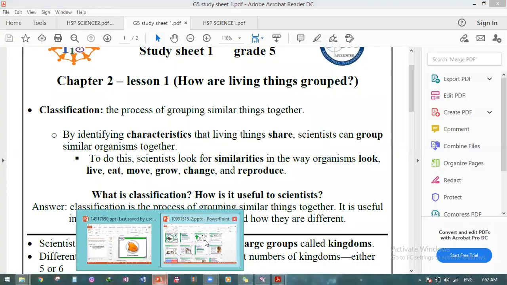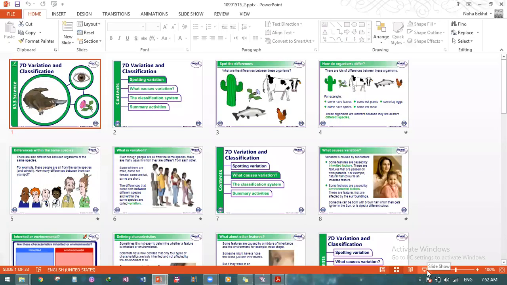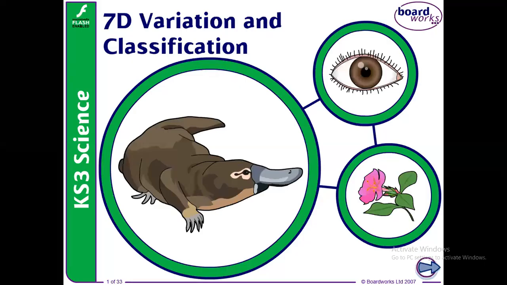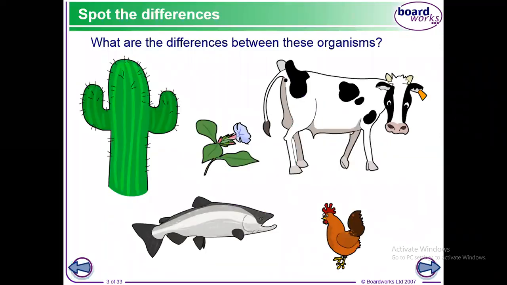Okay, so let's start with a small review about the classification. If you looked at this picture, can you see these pictures? Yes. Can you tell me what the difference is between these organisms? What do you think is the difference?